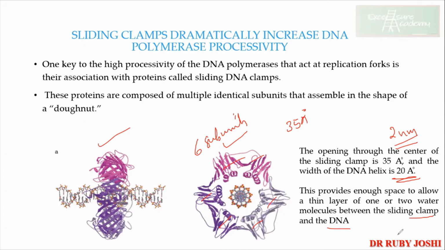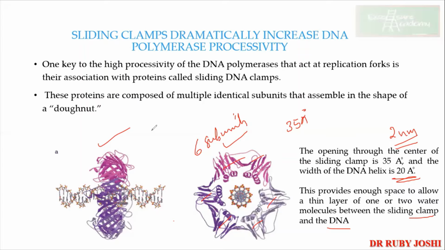Now again, the water molecules are present. Can anyone tell me why the water molecules are present? What is the importance of having water molecules between any two molecules? Here you have your sliding clamp and DNA. So why is the water molecule present? For bonding, ma'am. Hydrogen bonding. Very good.